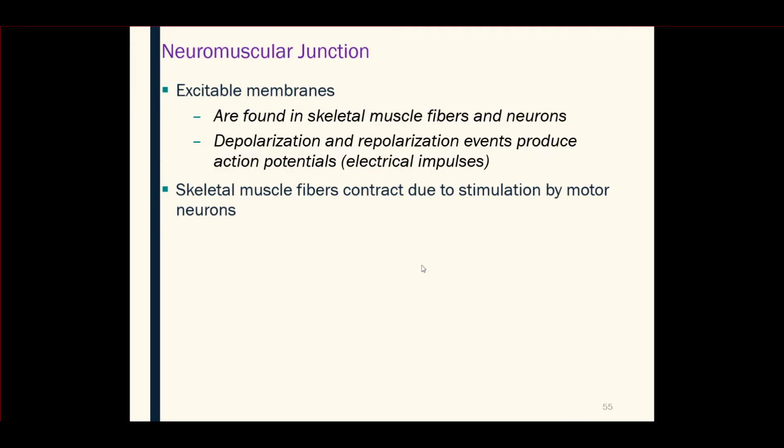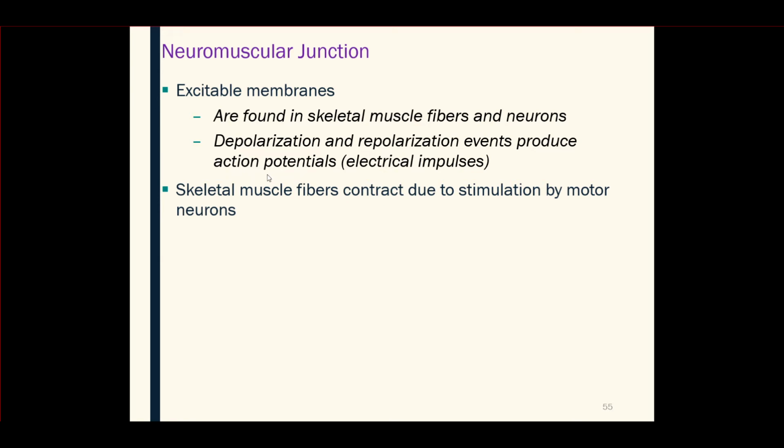Way back in our very first lesson, we said that one of the properties of muscle tissue is that it is excitable, right? It means that it will respond to some type of stimulus. And one of the reasons it's excitable is it has the ability to conduct electrical impulses that we call action potentials.